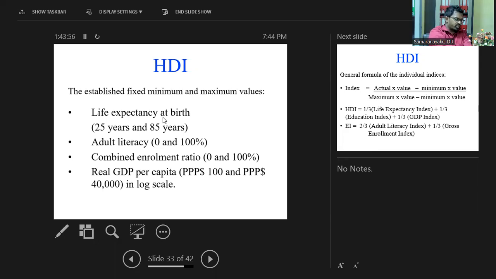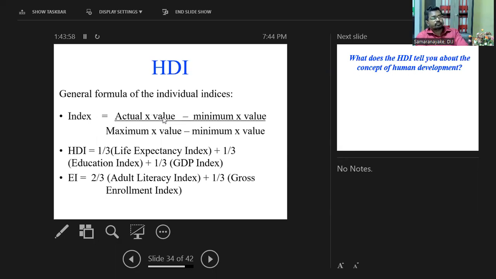So then let me move forward. I will show you the formula that they use to calculate indexes. For each index, they use this particular approach that you can see: index equals actual x value minus minimum x value, divided by maximum x value minus minimum x value.